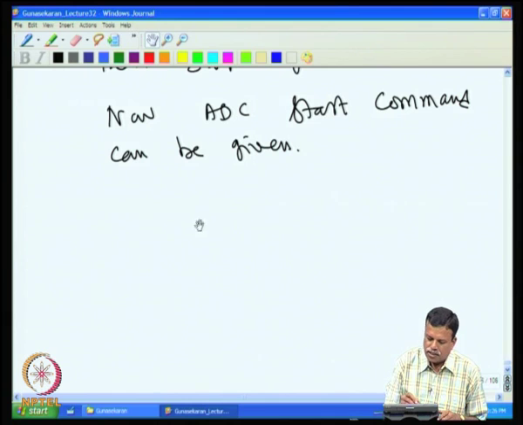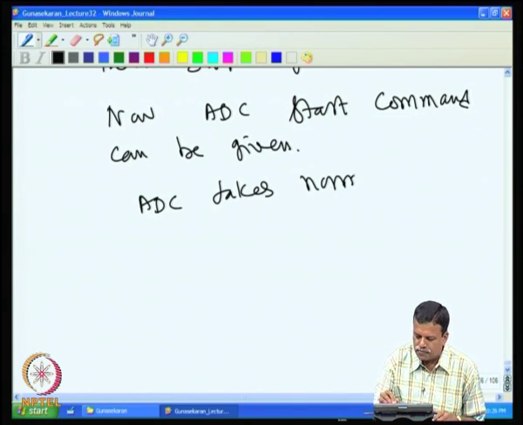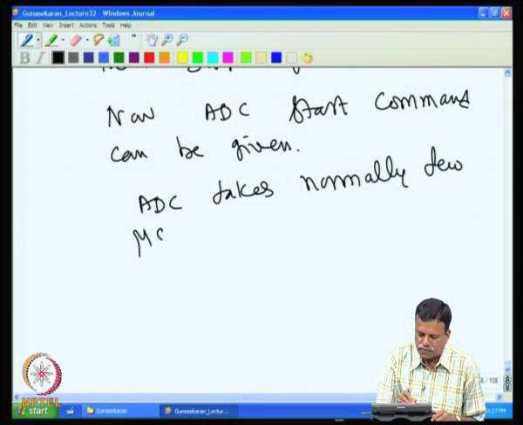The ADC normally takes a few microseconds for conversion.